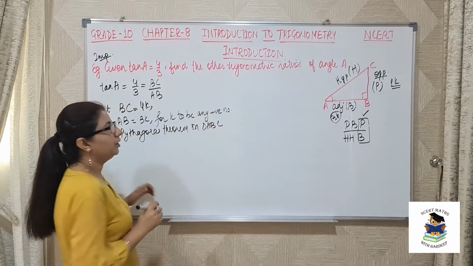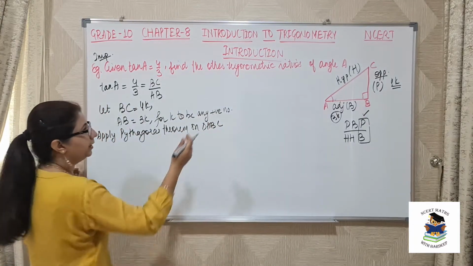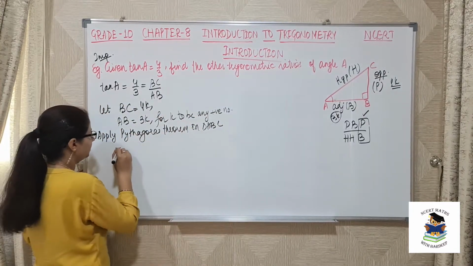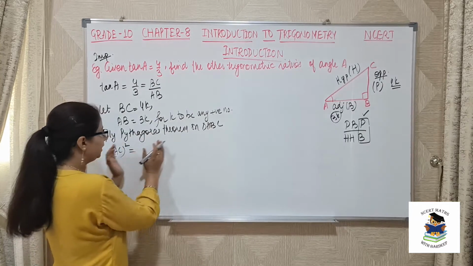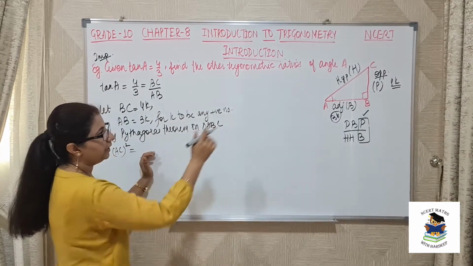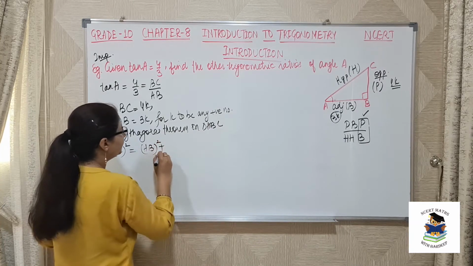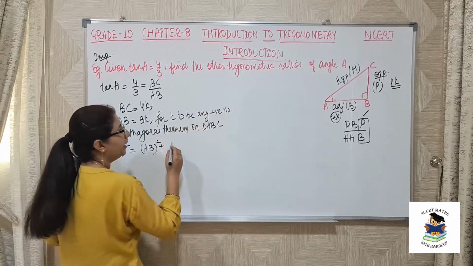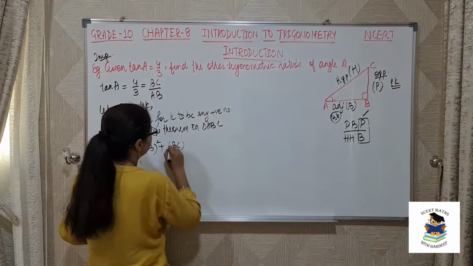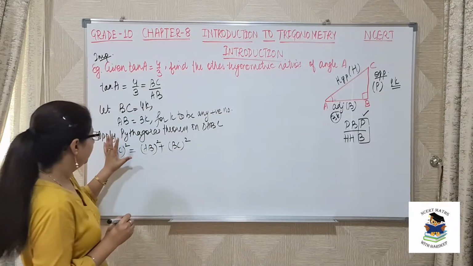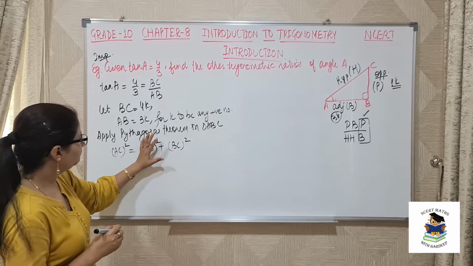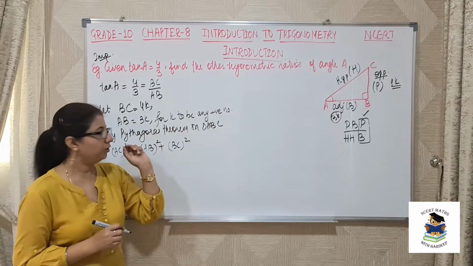And what is Pythagoras? Hypotenuse square, and hypotenuse is AC, is equal to base square, base is AB, so this is AB square, plus perpendicular square. Perpendicular is BC square. So Pythagoras theorem is hypotenuse square is equal to base square plus perpendicular square.